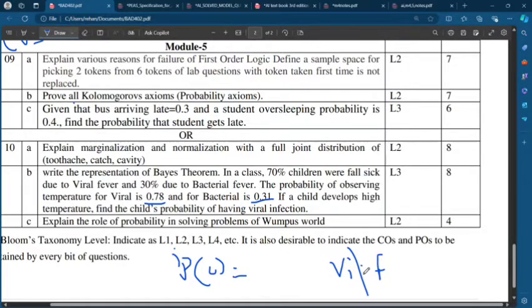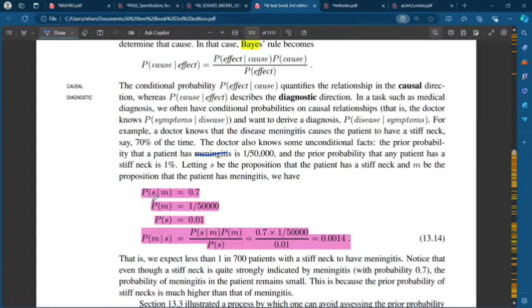So P of viral fever given viral infection, they have given 0.7. I'll just write here, instead of S, I have VF. Instead of M, I have VI, viral infection, viral fever, which is 0.7.